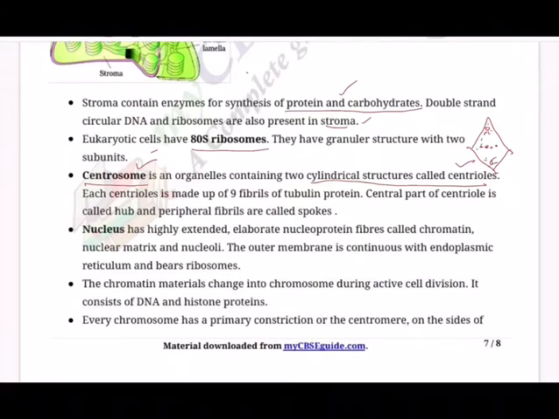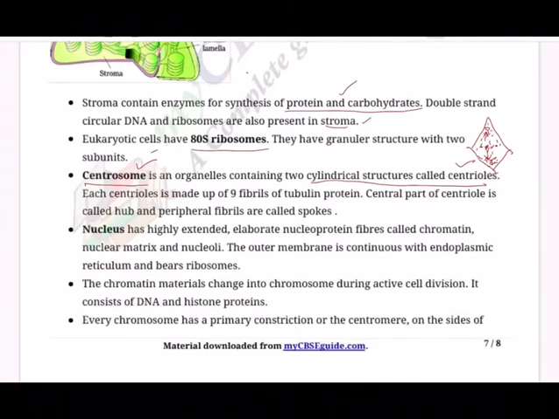These centrioles, with the help of cytoplasmic fibers, along the threads, will pull these chromosomes up and down.